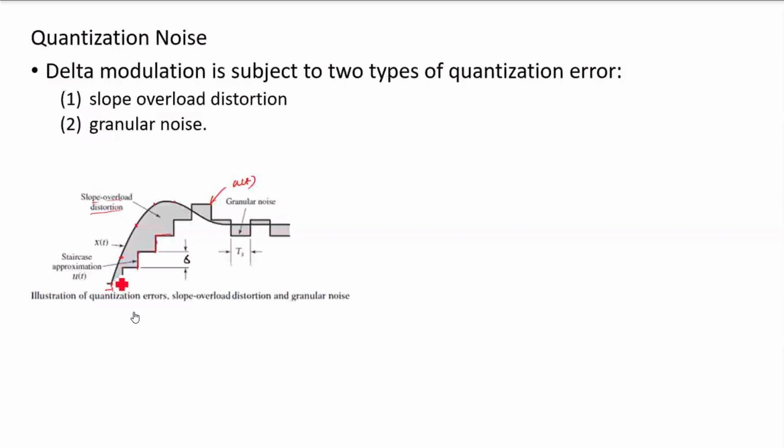At the receiver it will be very difficult to reconstruct, because there is a huge difference between the actual signal and its approximation. This may cause problems with the performance of the delta modulator.